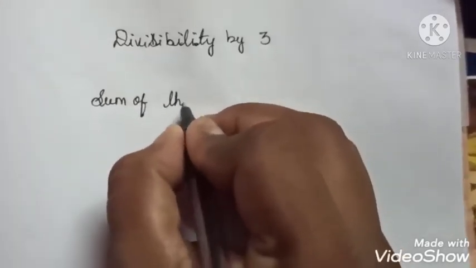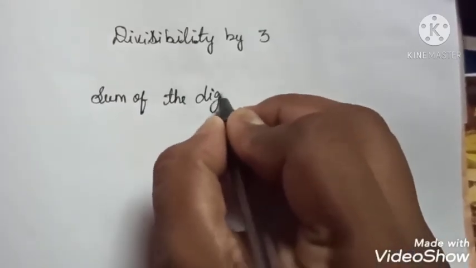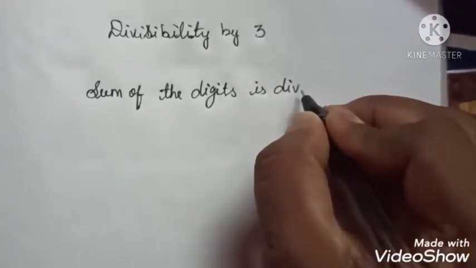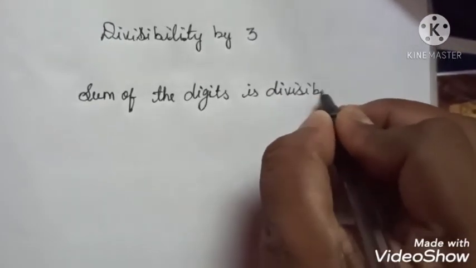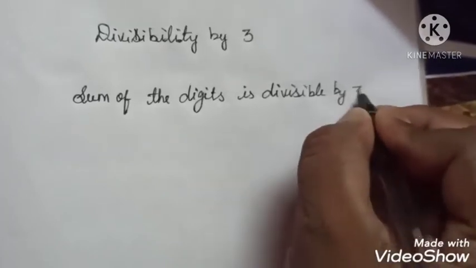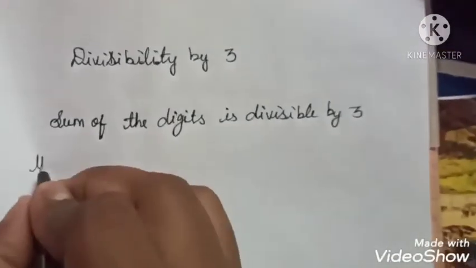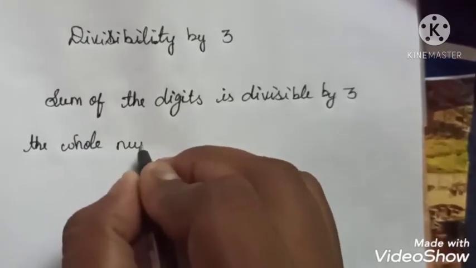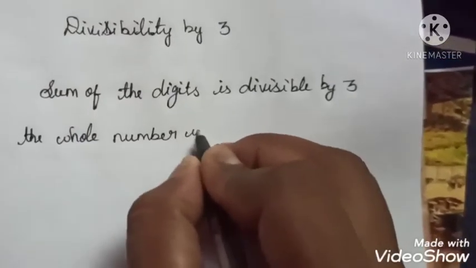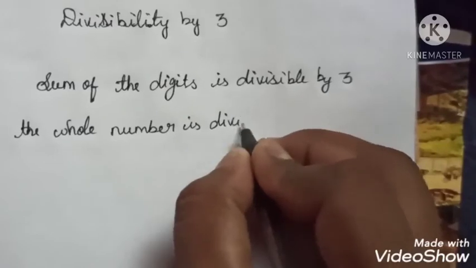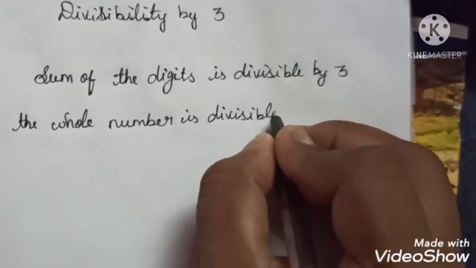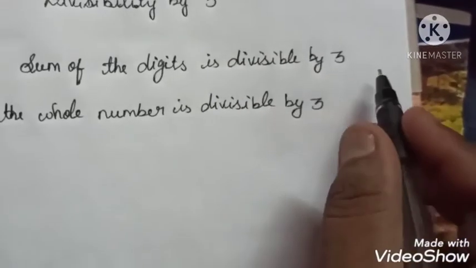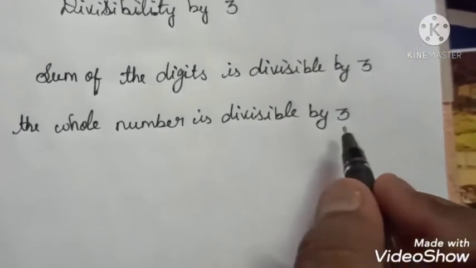If the sum of the digits is divisible by 3, the whole number is divisible by 3. So if the sum of the digits is divisible by 3, the whole number is divisible by 3.